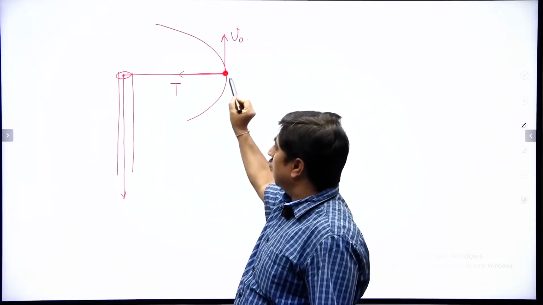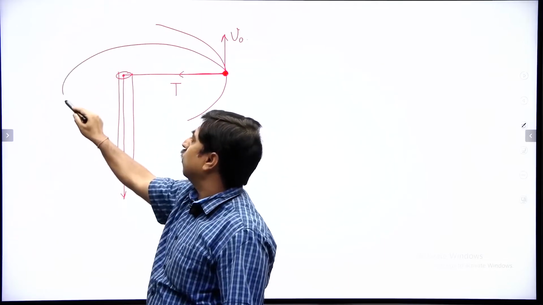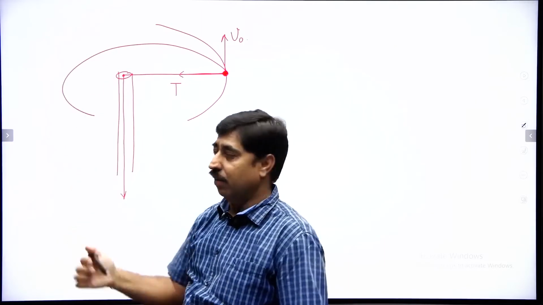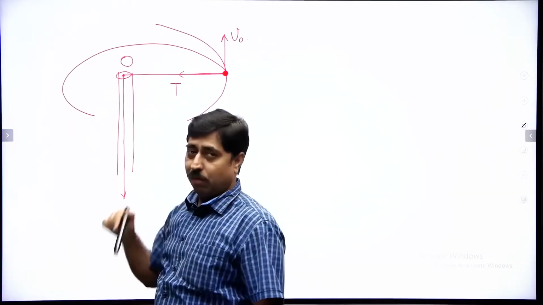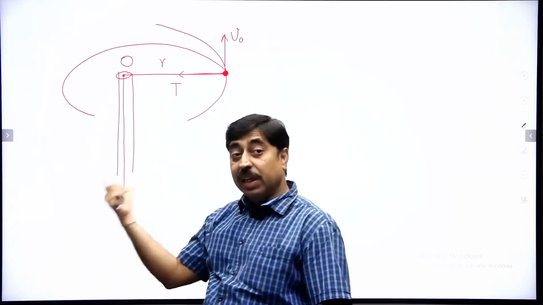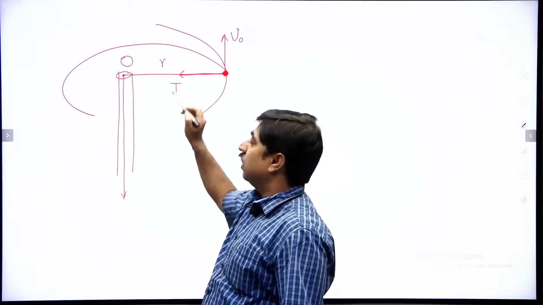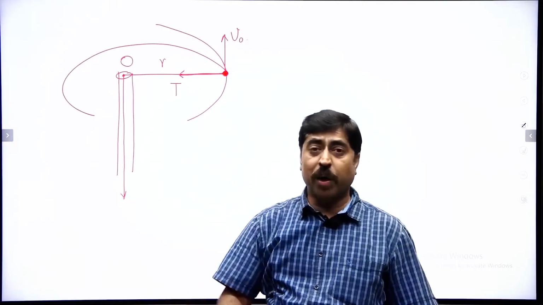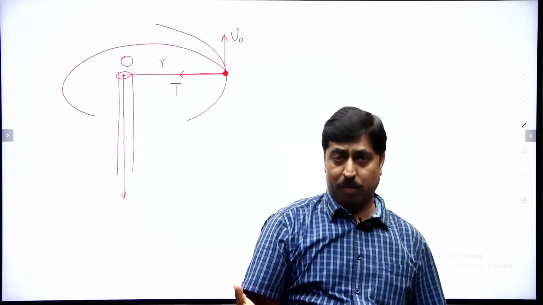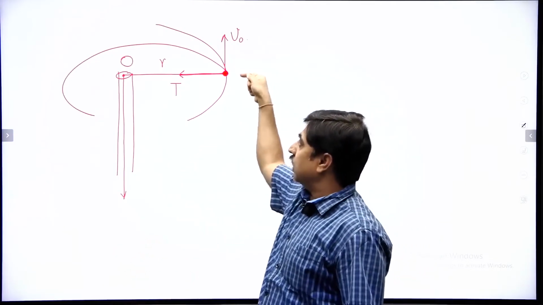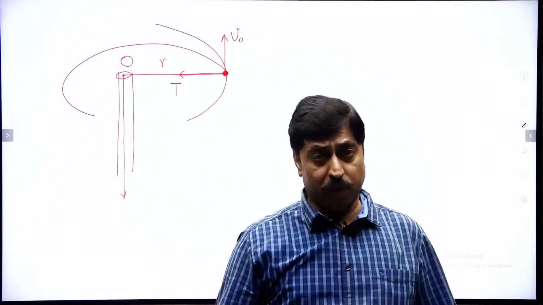Because as the mass spirals around this post, that means as the radius decreases, this mass is getting closer to point O. So this distance r is decreasing. The tension force is acting towards point O, and there is definitely a movement of this particle towards point O. So when there is some velocity in the direction of force, the force is definitely doing some work.